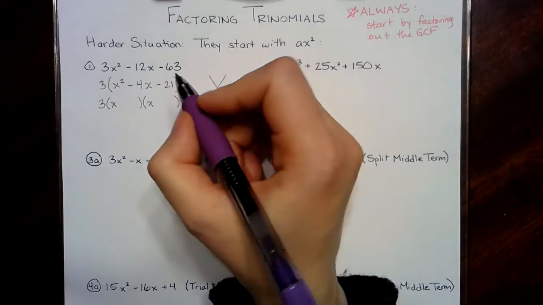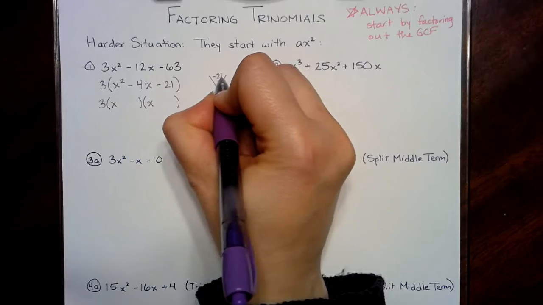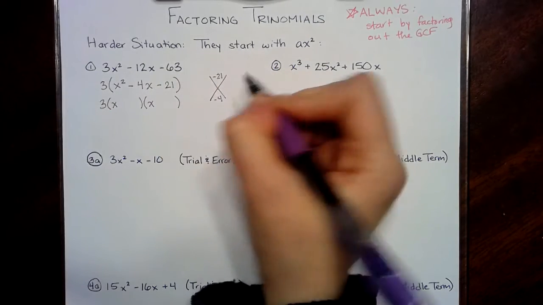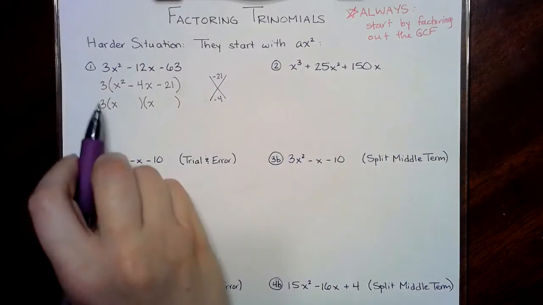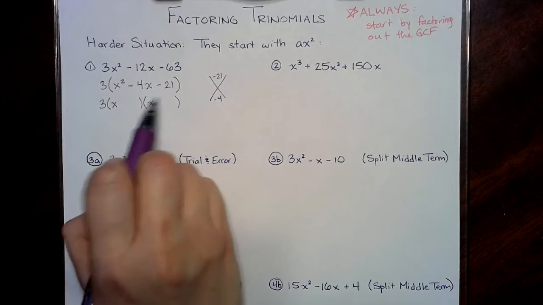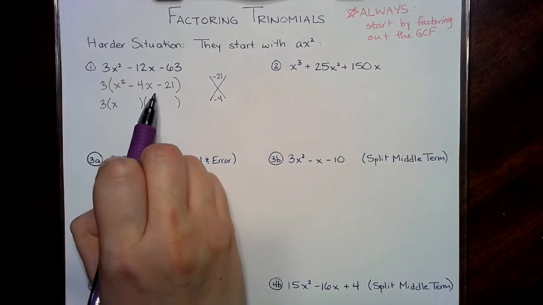I will be looking for two numbers that multiply to negative 21, add up to negative 4, and I can do this because now I don't have a number in front of the x squared, at least not within the parentheses.